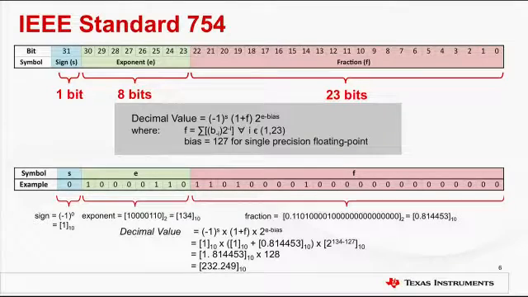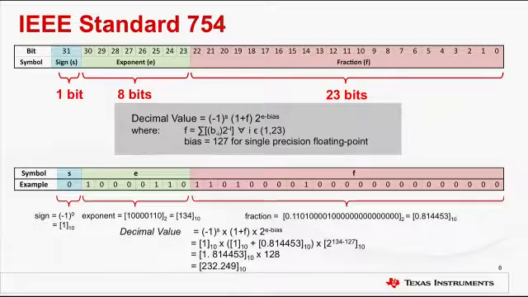Let us take a closer look at the IEEE 754 standard to represent floating point numbers in single precision format. In this format, a real number is encoded using 32 bits, out of which 23 bits are used to represent the fraction, 8 bits are used to represent the exponent, and the remaining 1 bit is used to represent the sign.